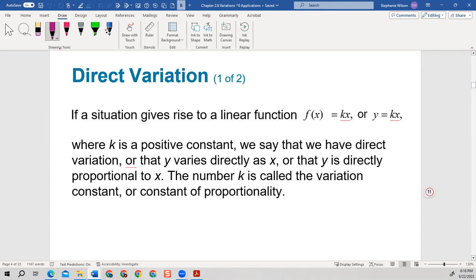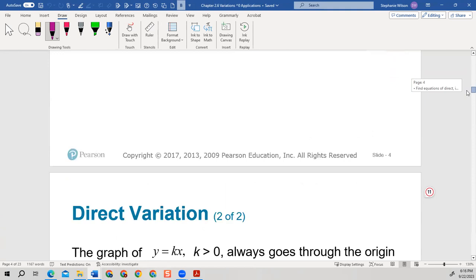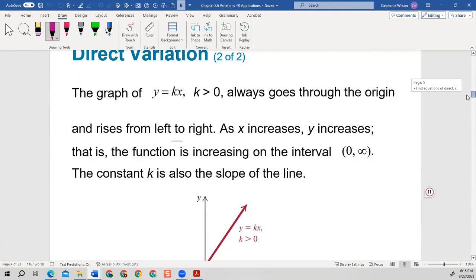We say that we have a direct variation, or that y varies directly as x. Or we can say y is directly proportional to x, and the number k is called a variation constant, or it can also be called a constant of proportionality.